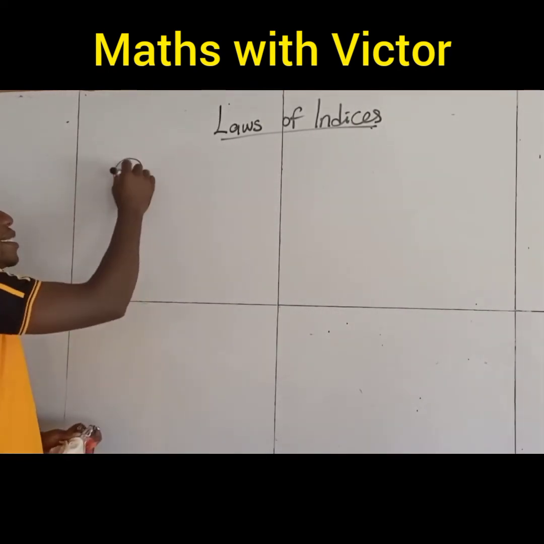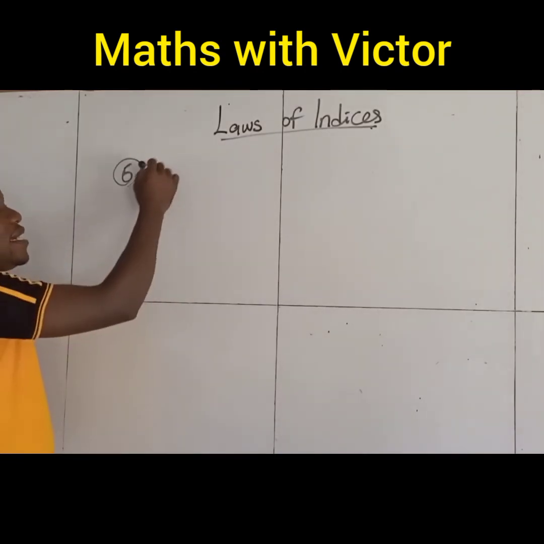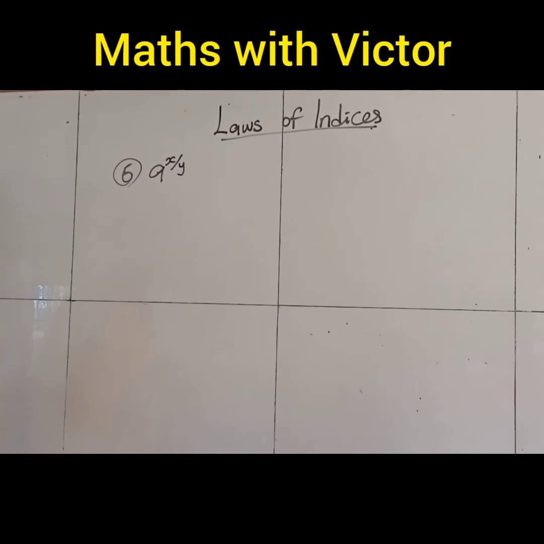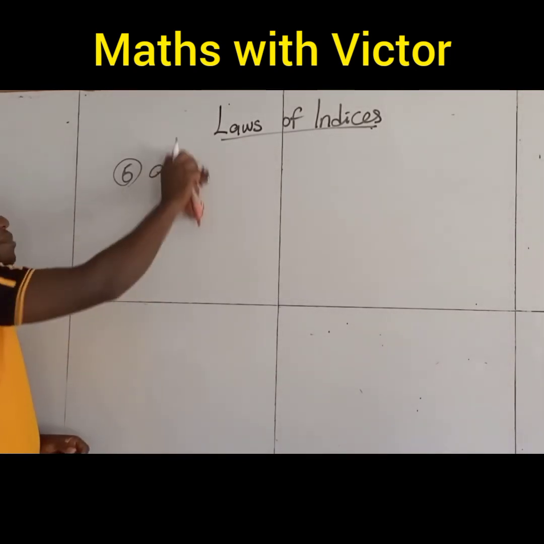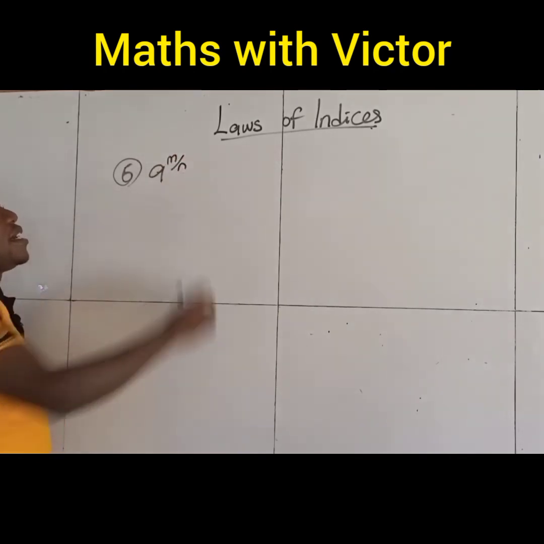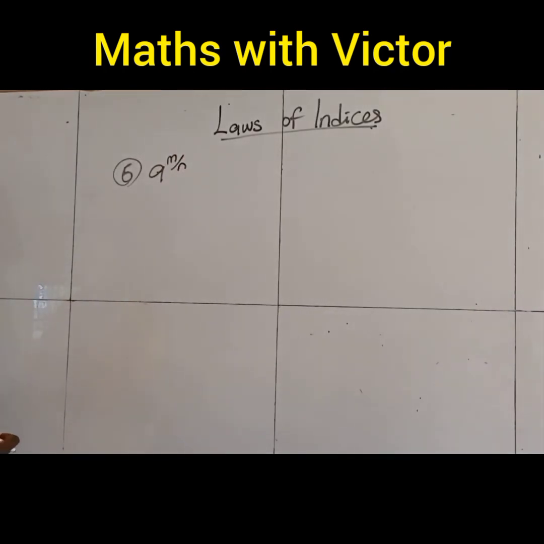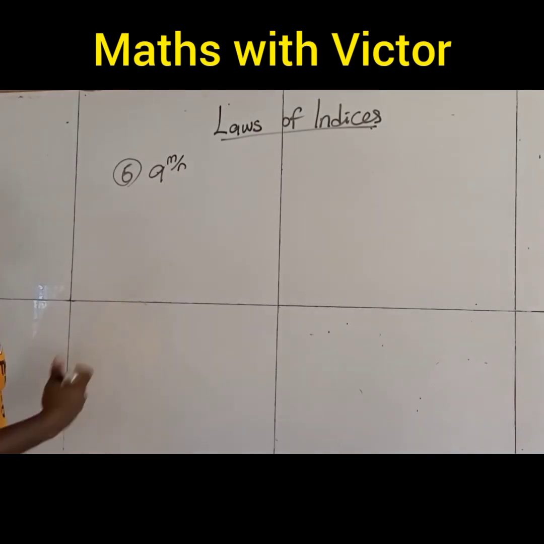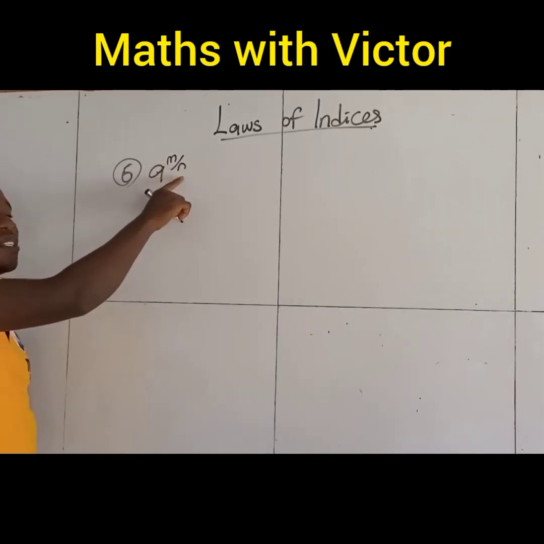Then finally, the law of fractional powers. I think that's number 6. If I have a raised to the power m over n, I was using m and n before, so let me maintain the terms I was using. If you look at these powers very well, these are fractions. This is called the fractional powers. And in this fraction, there is a numerator, there is a denominator.